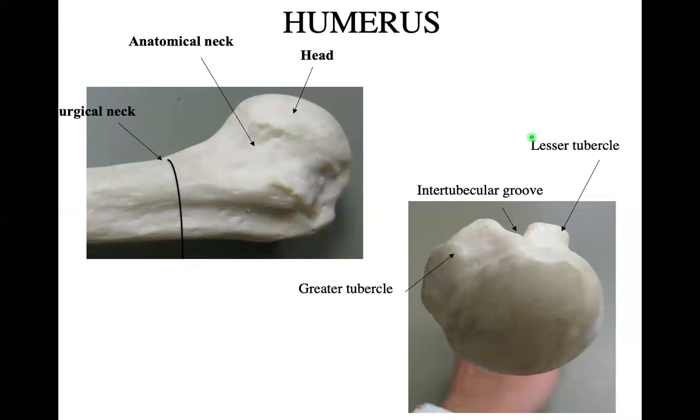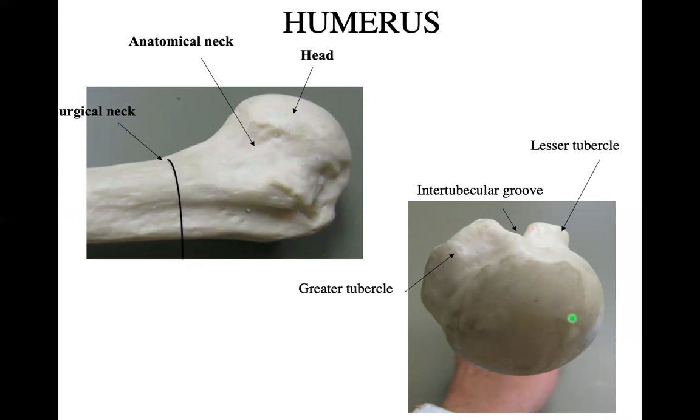Now, moving down from your shoulder to the bone of your arm, we have the bone as a whole called the humerus. The humerus has the structure that fits into the glenoid fossa. That's the head of the humerus. You can see that roundness that fits in.